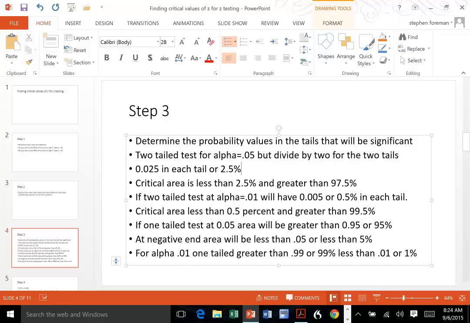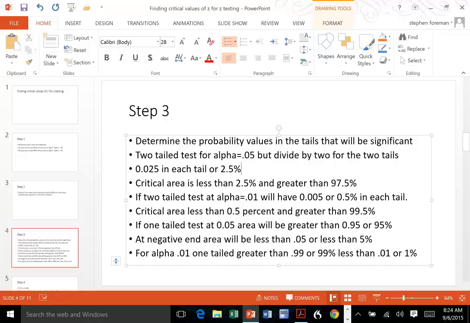If we're using a two-tailed test with alpha at 0.01, then we're going to have 0.005 or 0.5% in each tail. So the critical area is going to be the area less than 0.5% and greater than 99.5%. Again, if you're using proportions, it'll be the area less than 0.005 and greater than 0.995.